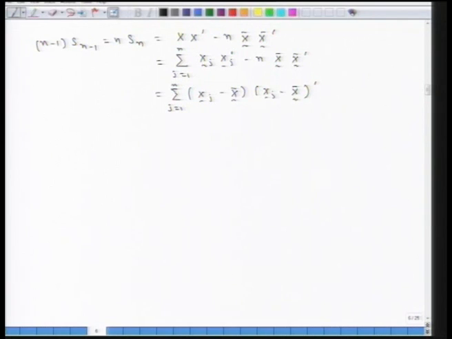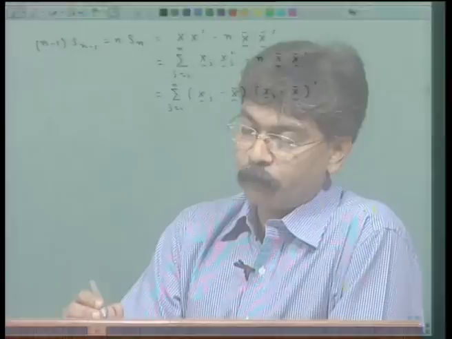This form we will use today itself in order to derive an unbiased estimator for the population covariance matrix, that is sigma. Now similar to the population correlation matrix, one can also define the sample correlation matrix.